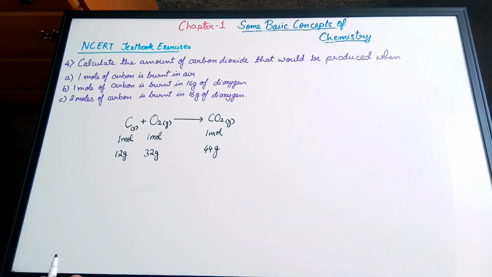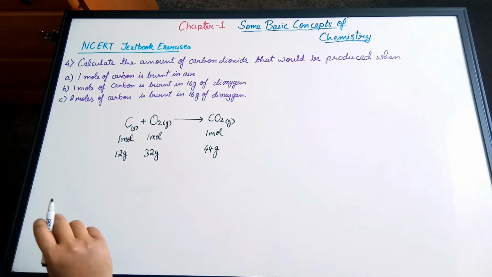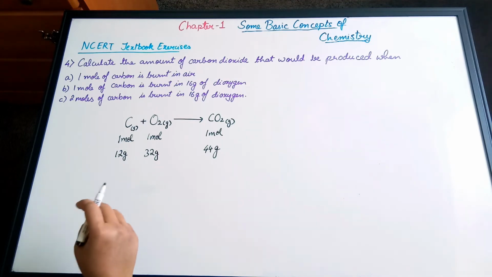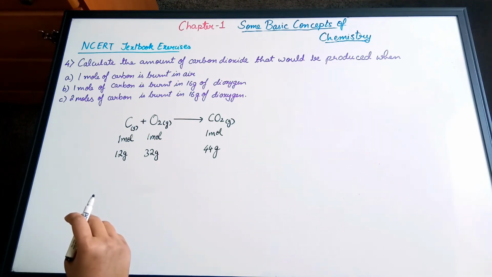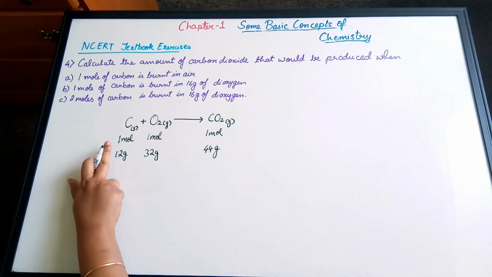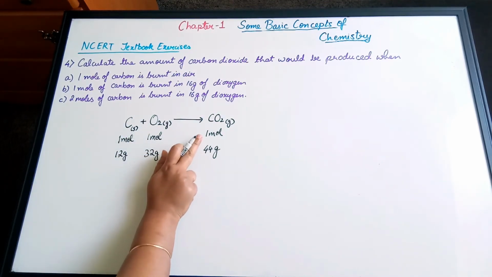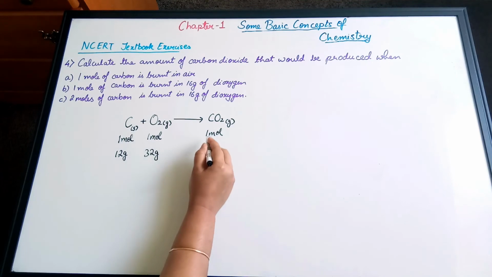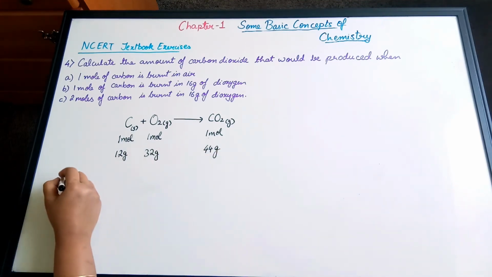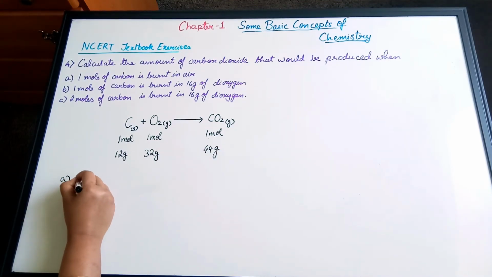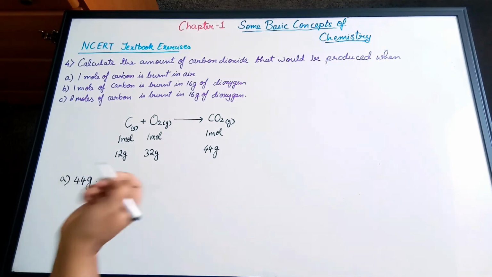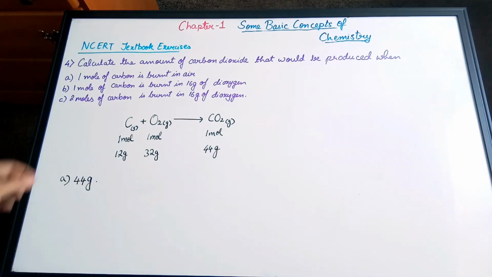So the first question, 1 mole of carbon is burnt in air. So we need to find out how much carbon dioxide is being formed. So if 1 mole of carbon is burnt, automatically 1 mole of carbon dioxide is formed. So 1 mole of carbon dioxide corresponds to how many grams? 44 grams. So the answer is 44. Let me repeat it again.